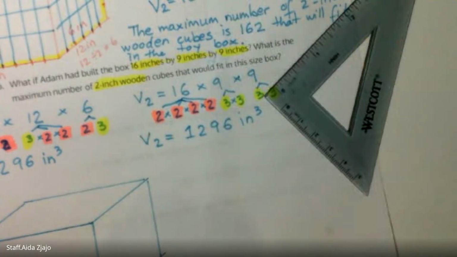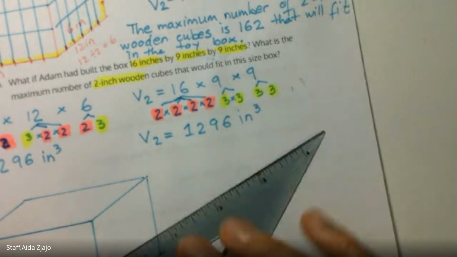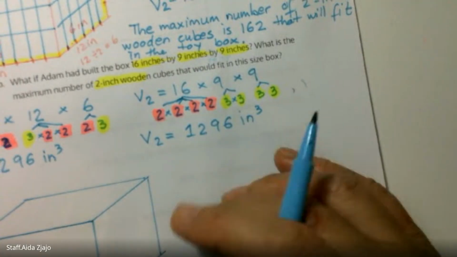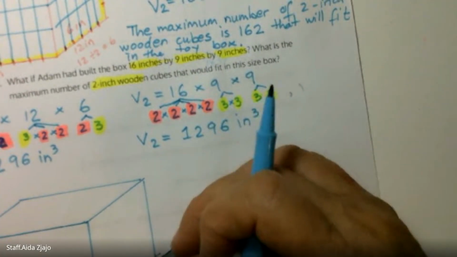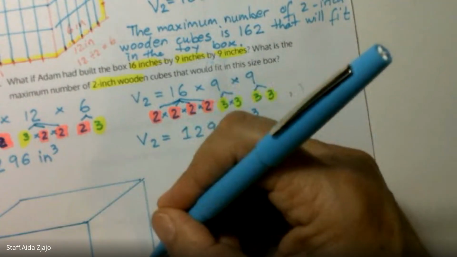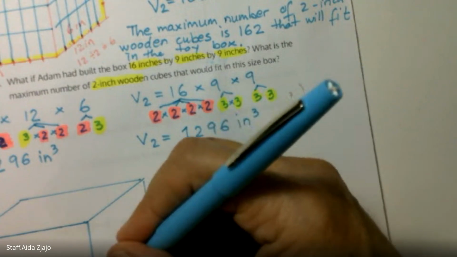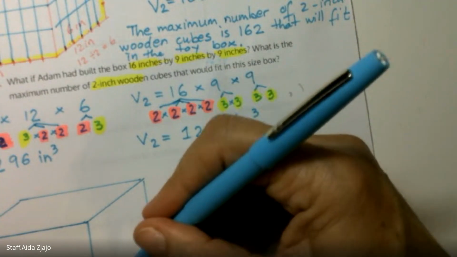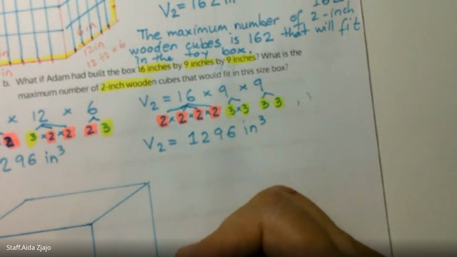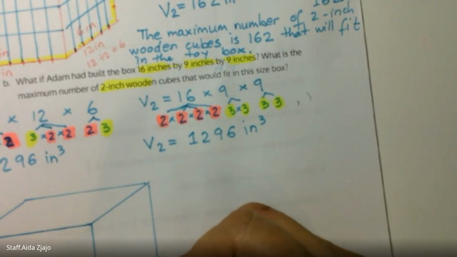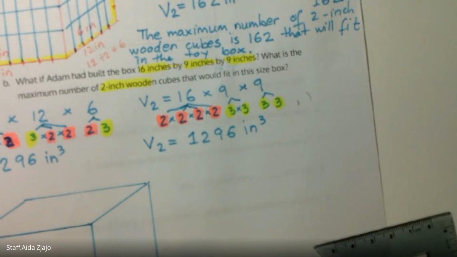So now, imagine that this is 8 inches. You will have a leftover. It would be 2 inches, 4 inches, 6, and 8, and 1 inch will be extra.